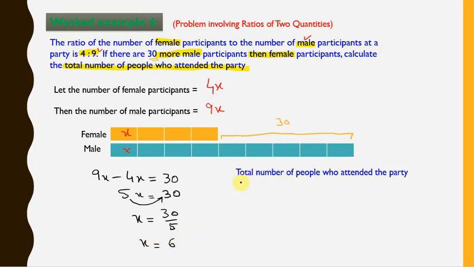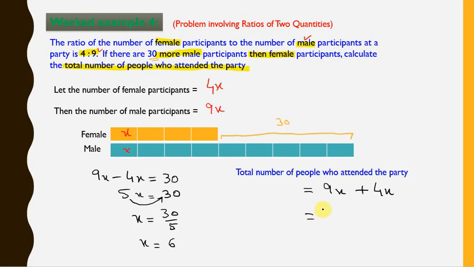What we have to find in this question is the total number of people who attended the party. So the male participants are 9x and the female participants are 4x. We add them together to find the total number of people who attended the party.